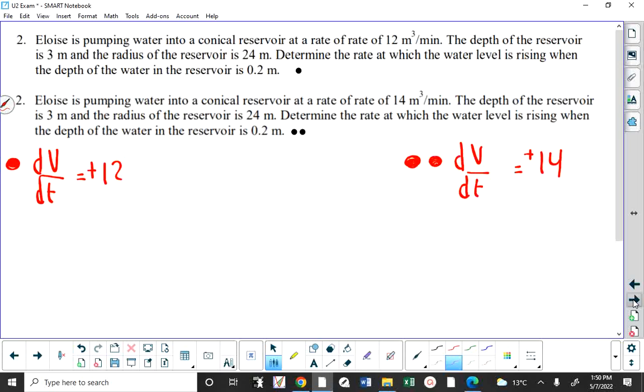Everything else is the same. Both of these questions have a depth of the reservoir of 3 meters and a radius of 24. So this is, I would describe it as, a flattened reservoir. And I'm not going to draw this precisely to scale because I just don't have enough room. But the reservoir is conical.